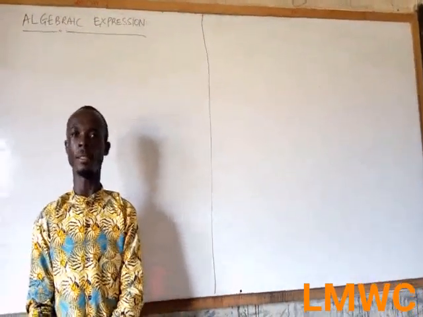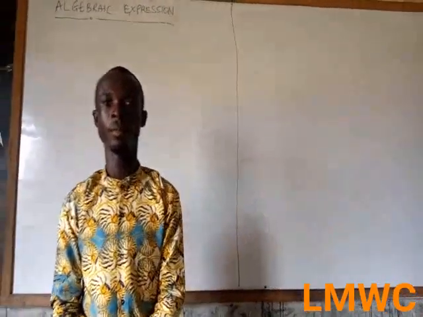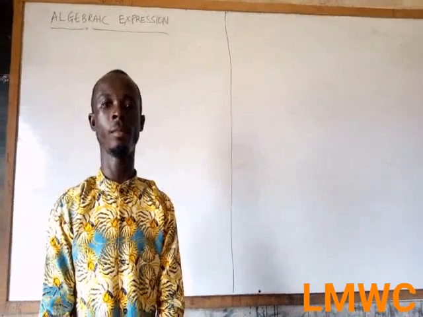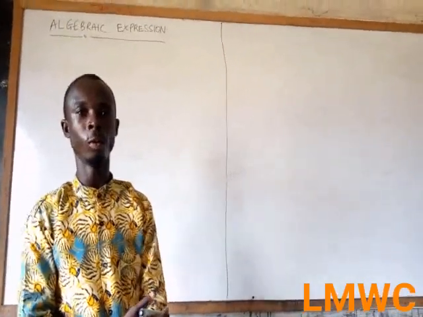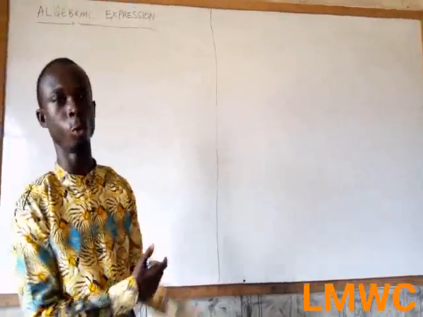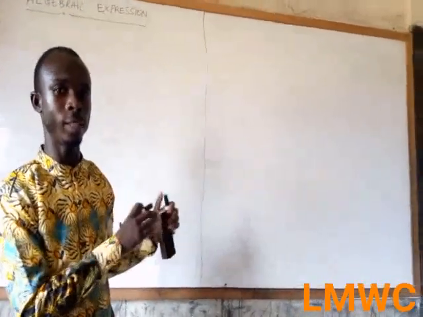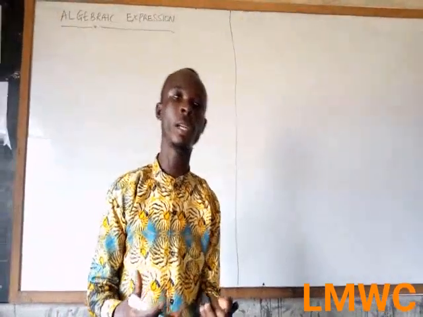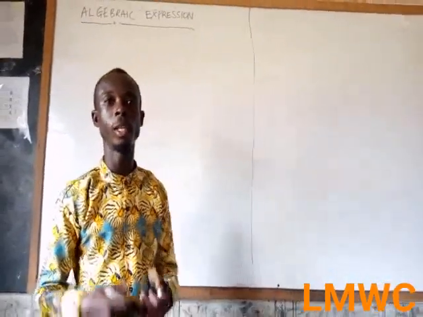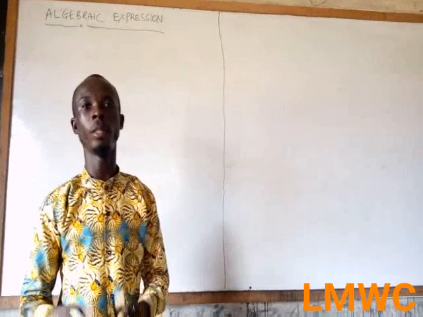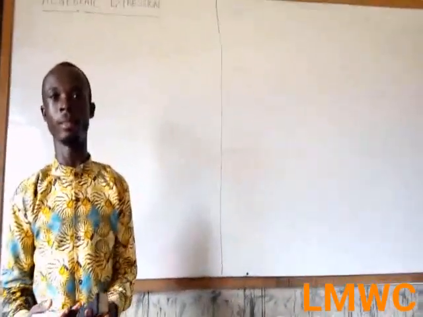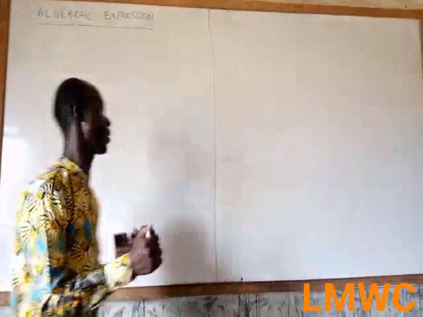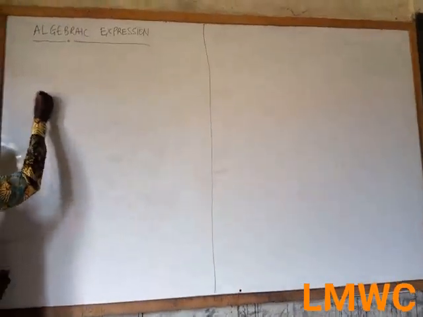Today's lesson is on algebraic expression, and this is for the junior high school students. Even though the senior high school students also do this topic, it is basically for the junior high school students. Under algebraic expression, we use letters, symbols, and numbers to represent it. Always, some symbols are constant, like the symbol pi.